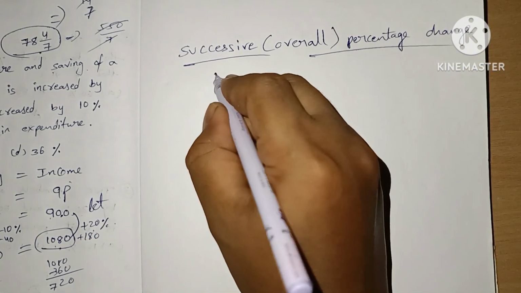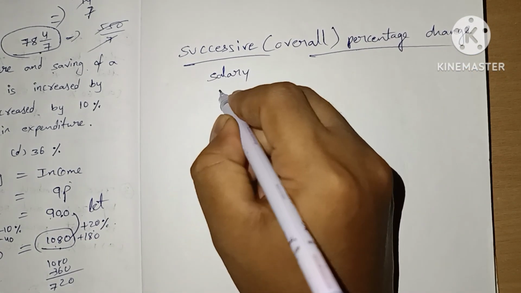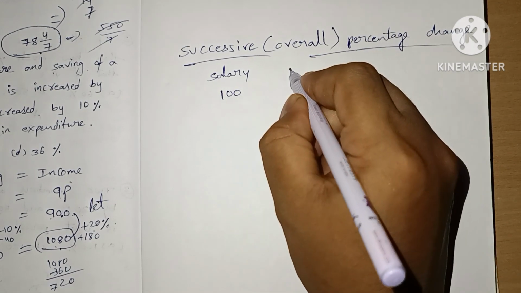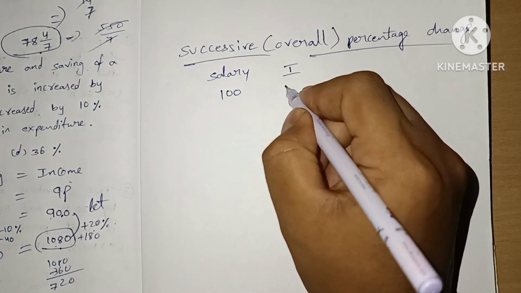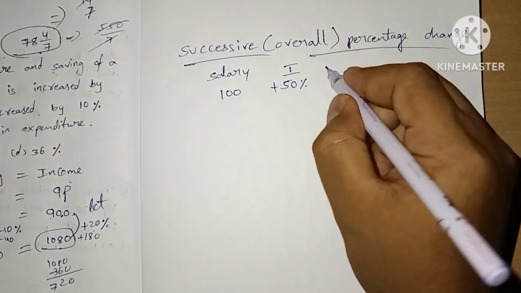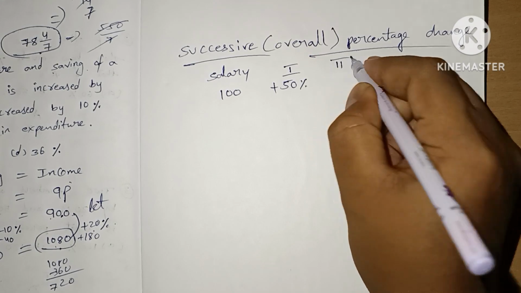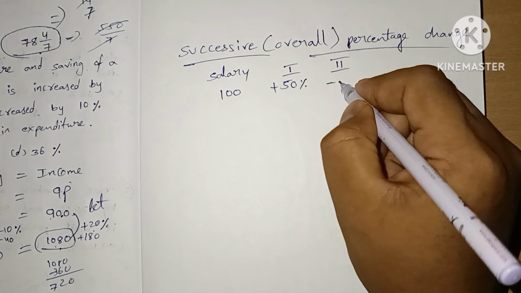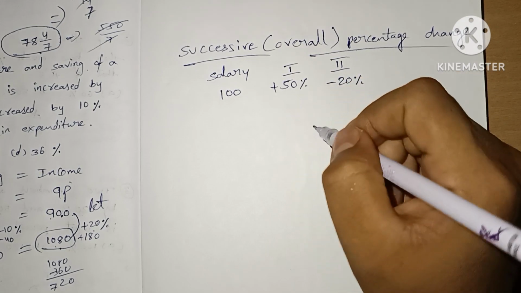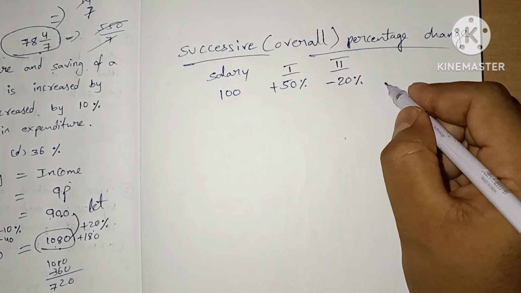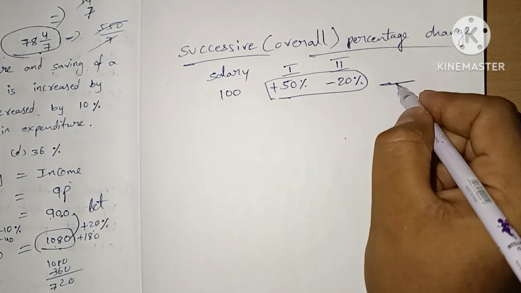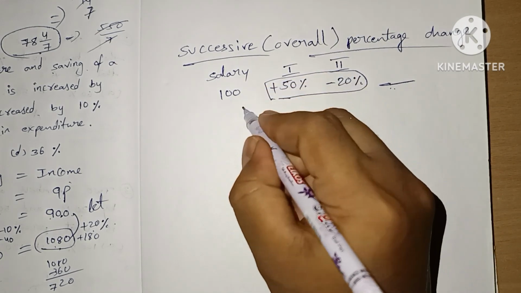If a person's salary is 100, in the next year his salary is increased by 50%. In the second year his salary is decreased by 20%. Then what is the total overall change in percentage?